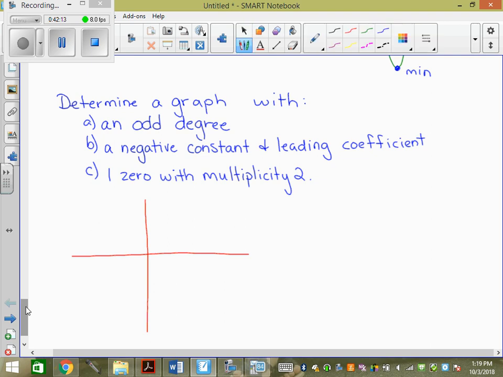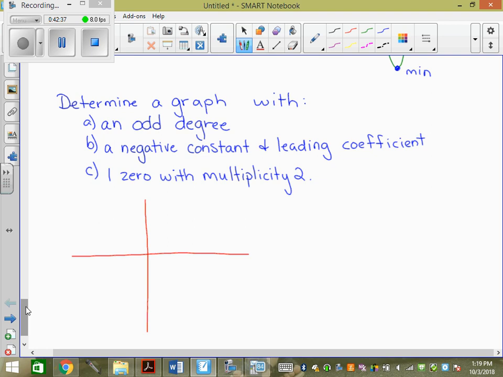What do we know? We know it's an odd degree. What the heck does that mean? Odd exponent on the x. What else does it mean? Arrows go different directions. Yeah. What else? It could be degree 1. It could be degree 2. It could be degree 3. I have 1, 0 with multiplicity 2.